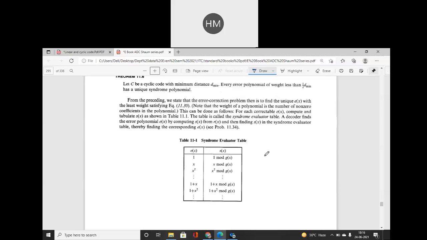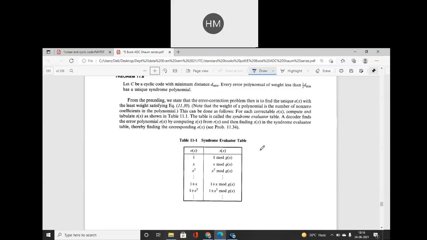This is a syndrome evaluator table. A decoder finds the error polynomial E of x by computing S of x from R of x, and then finding S of x in the syndrome evaluator table. Why do we do this? See, students, for E of x, 1, x, we will write all the possible combinations of error.